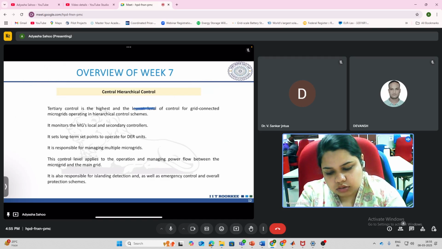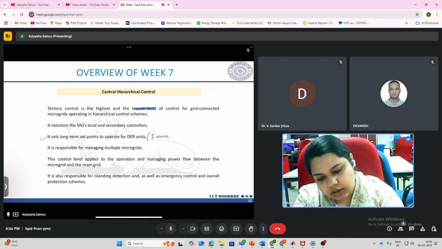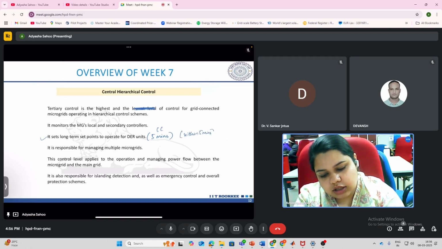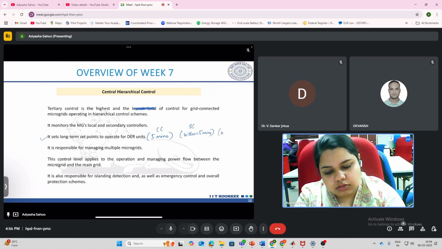It also sets the long-term set points for the DR units. So as I had said, for 5 minutes the DR set points are set by the central controller. Within 5 minutes, the DR set points are set by the secondary controller, and within seconds, you have the local control.